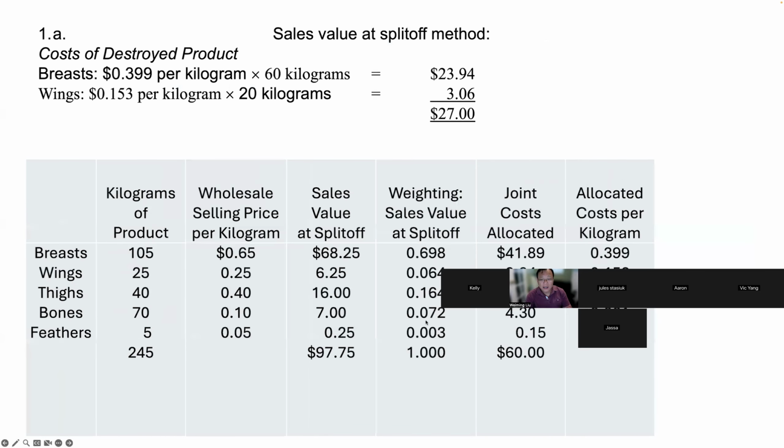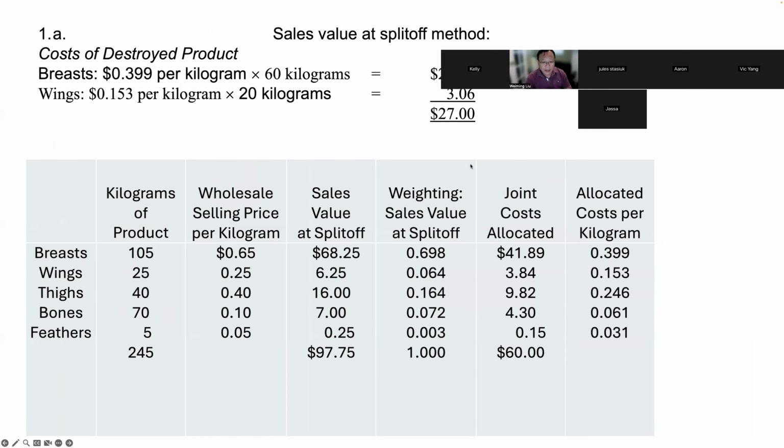If you take a look at here, the breast is almost 70% of the total revenue. So the part of breast, their revenue is 70% of the total revenue. Therefore, it makes sense they take 70% of the cost.